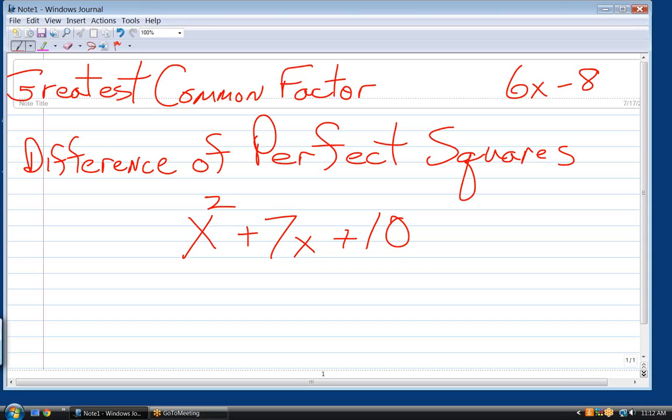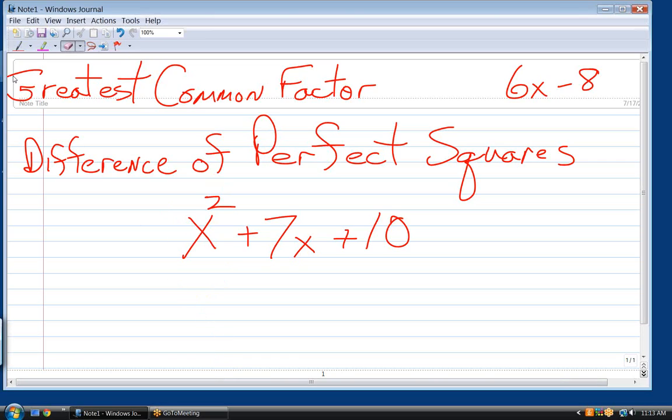Now, this is a quadratic, but so was difference of perfect squares. They're both quadratics, but difference of perfect squares is a very certain type of quadratic that I can factor in the way that I did it. This is a different quadratic. It's a quadratic because it's got that in it. That's all it takes to be called a quadratic, is an x squared term.